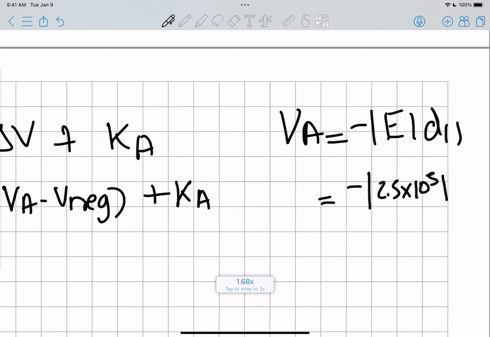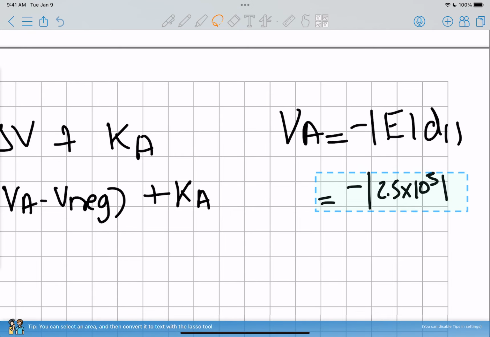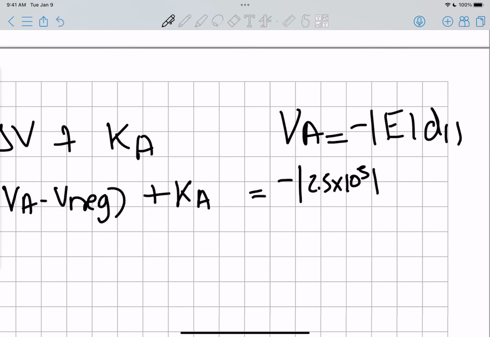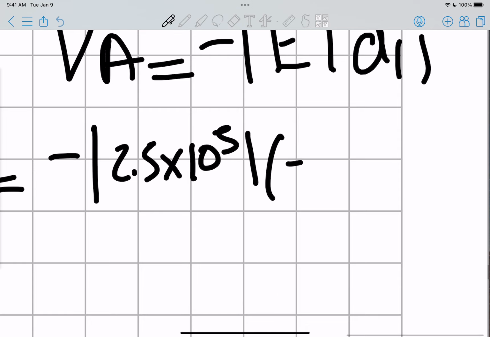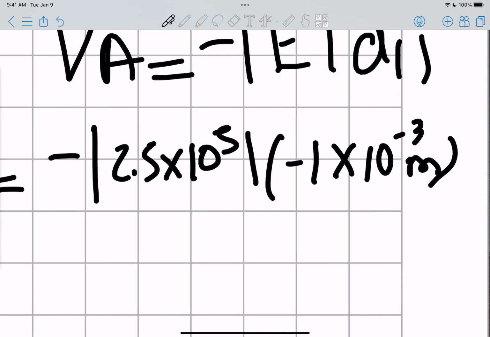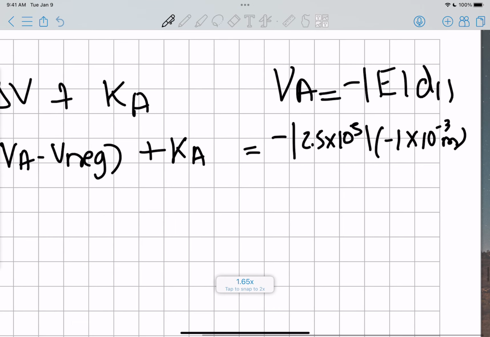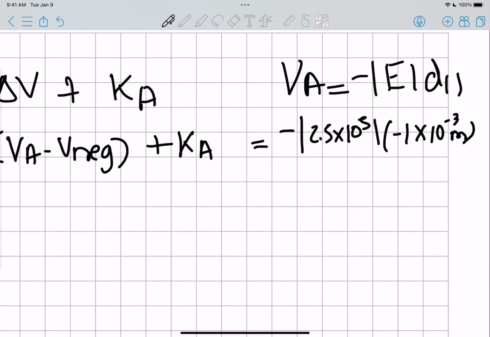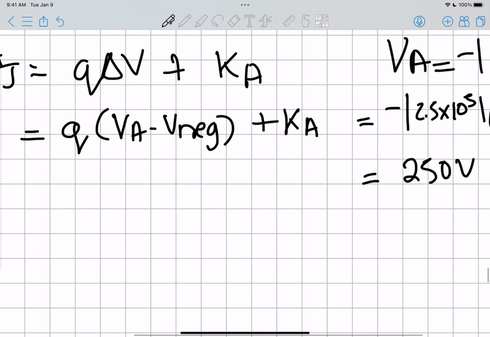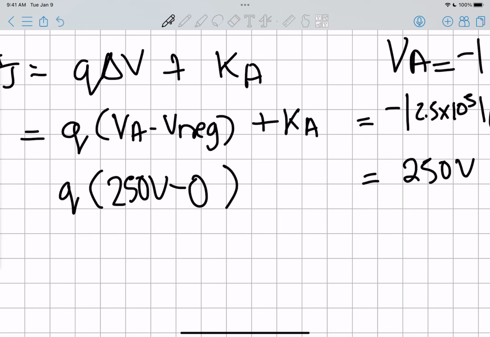So let me adjust this, move it over here. And this would be negative 1 times 10 to the negative 3 meters, which is the same thing as 1 millimeter. If you do that, I believe you should get 250 volts. So that's our Va. Here's our Q again, here's 250 volts, and this is 0 because that was the voltage at the left plate, and then plus Ka, which is what we're trying to figure out.